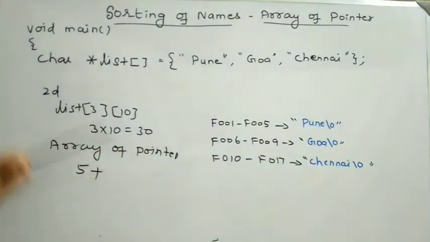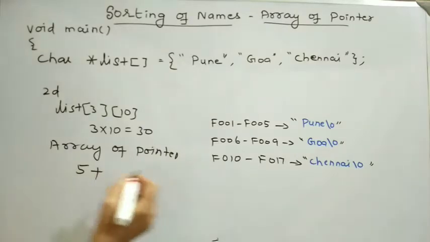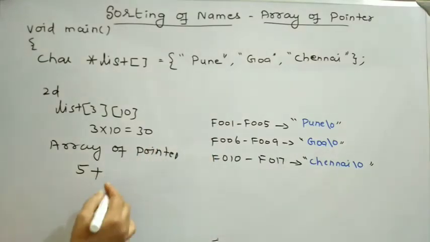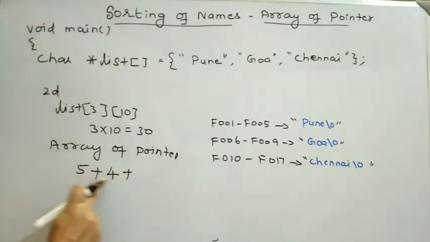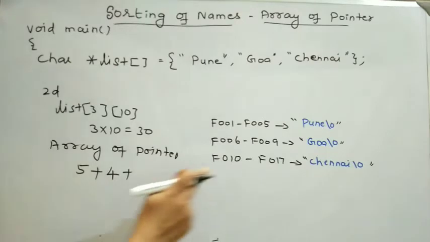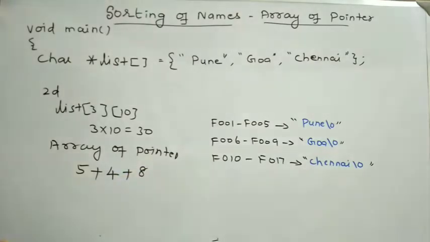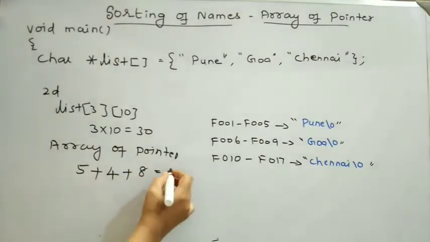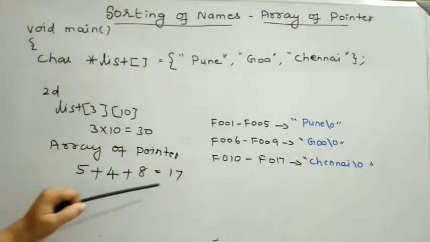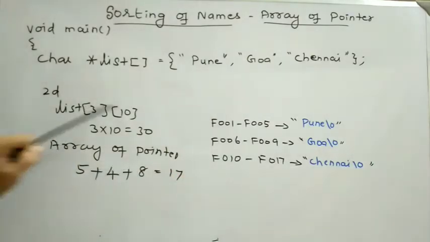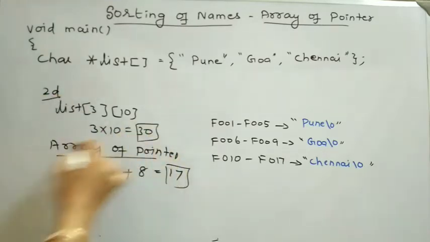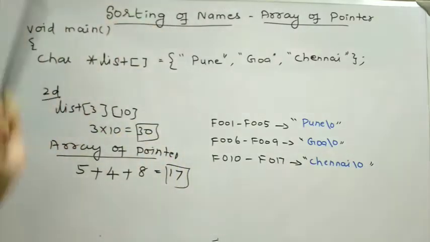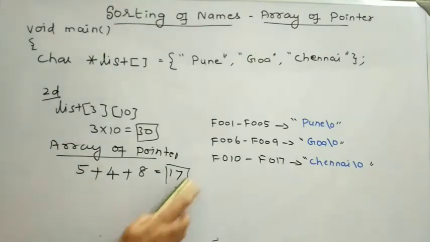To store the second string value, it allocates 4. To store the third string value, it allocates 8 bytes of memory. Altogether, it allocates 17 memory addresses to store these 3 string values if I use an array of pointers. If I use a two-dimensional array, it allocates 30 memory addresses. That is one of the advantages of using an array of pointers.